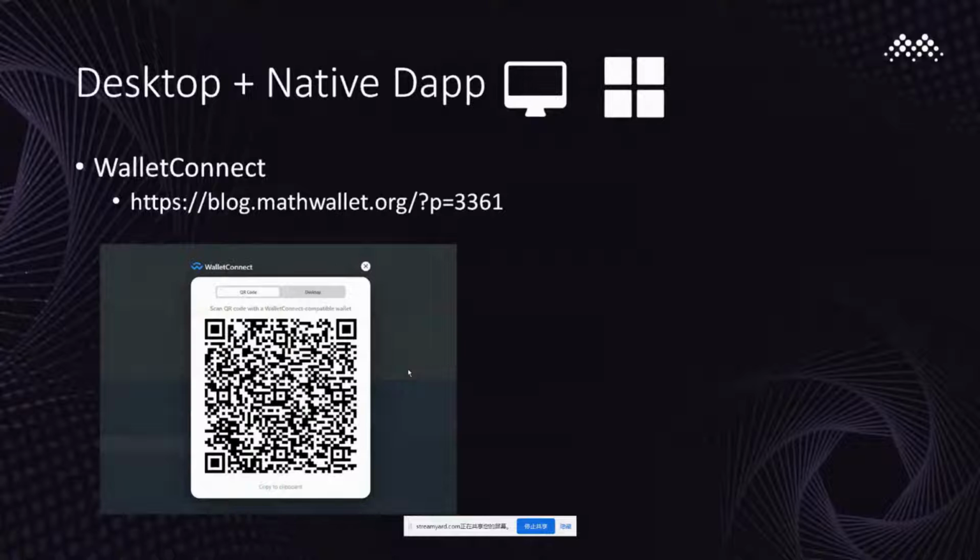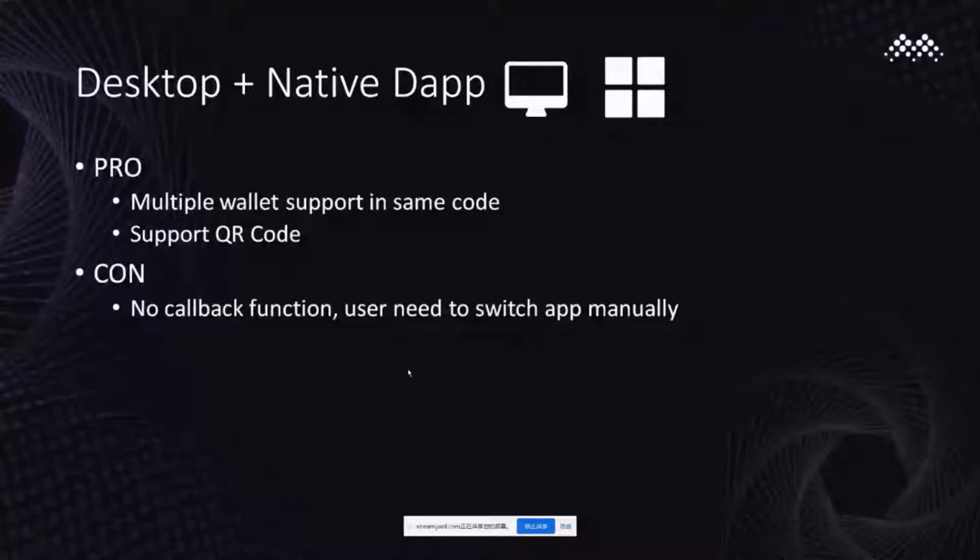The pros for this library are that it provides multiple wallet support in the same code, and it supports QR codes. This is very important in this kind of situation. But the con for this library is that it does not have callback functions, which means the user needs to switch the app manually.